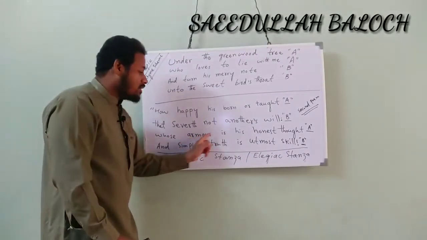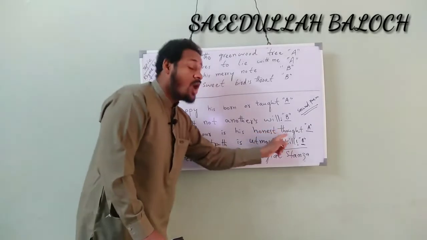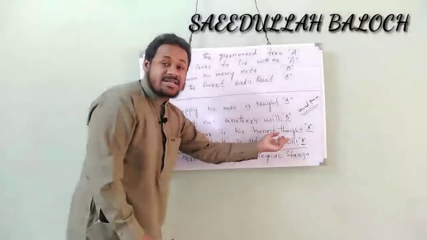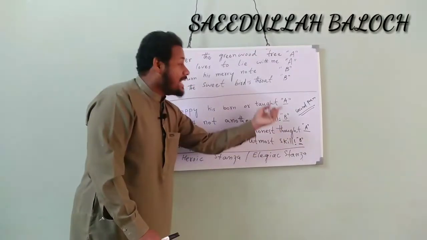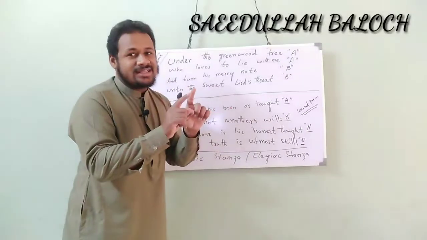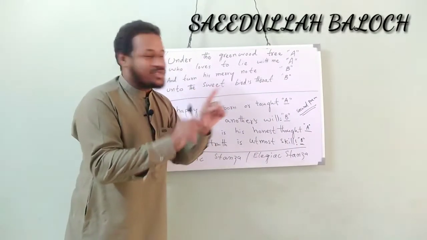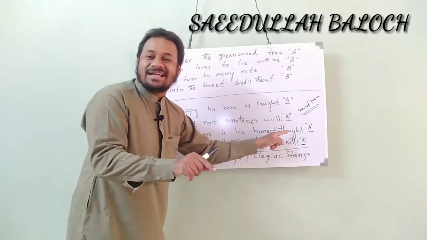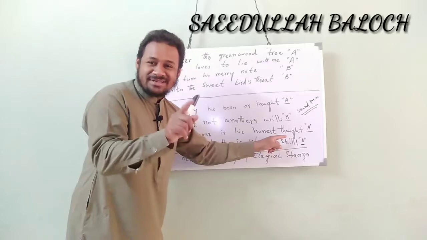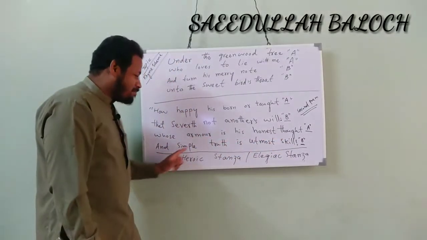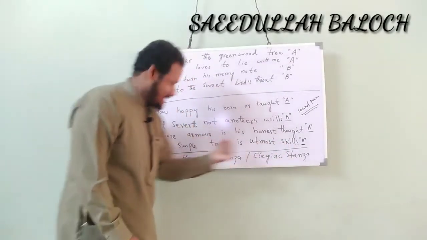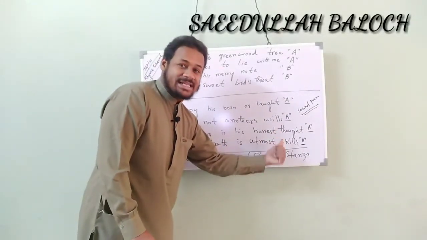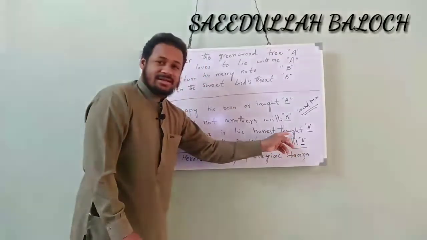Okay, now coming towards the third line. Whose armor is his honest thought. If we consider that thought and thought rhyme the same, then the third line is also A. Coming to the fourth one: and simple truth is utmost skill. So it is different from the third one.